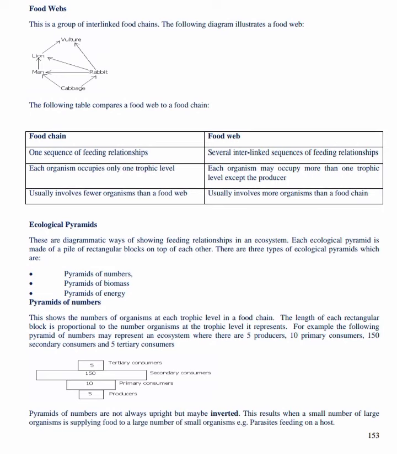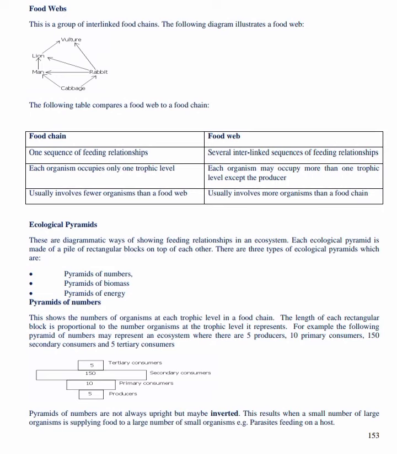Your plant is your producer, the second organism is your primary consumer, the third is your secondary consumer, the fourth is your tertiary consumer. But in a food web, each organism may occupy more than one trophic level, except for the producer. The producer is the only one that remains constant, but the others can differ from one food chain to the other.